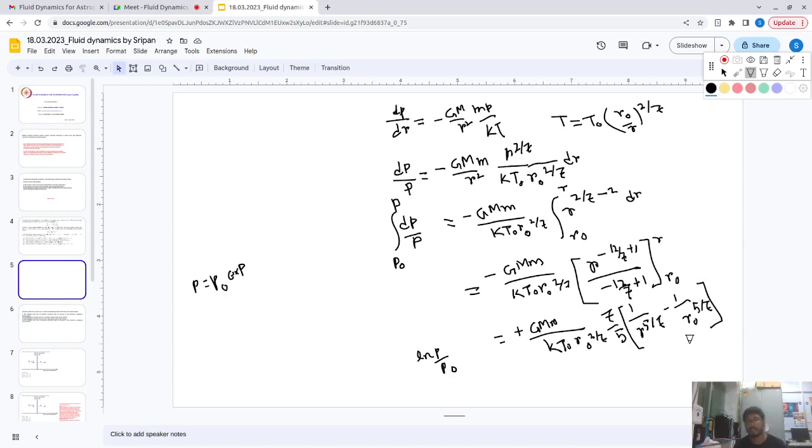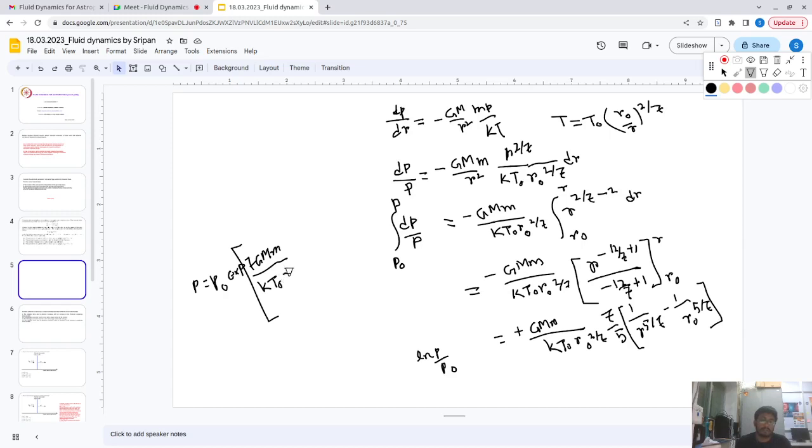So if this is the case, now what happens is p equals p naught, and then in bracket what could I have is 7 G M small m by k T naught, right? r naught to the power 7.